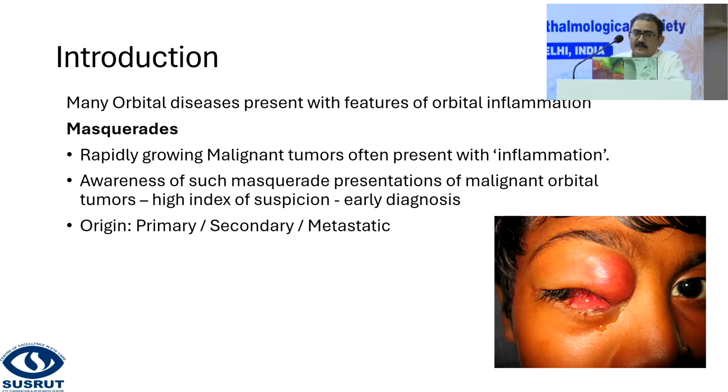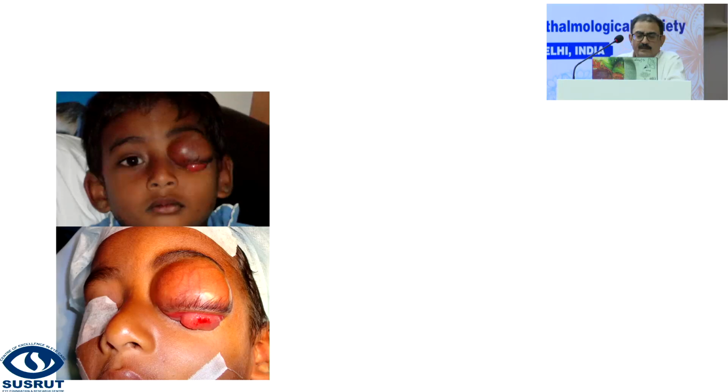Now, tumors in the orbit can either come from orbital tissues themselves or from surrounding tissues like the globe or from the sinuses or it can also come from a distant location, which would be known as a metastatic tumor. Let's look at an example.